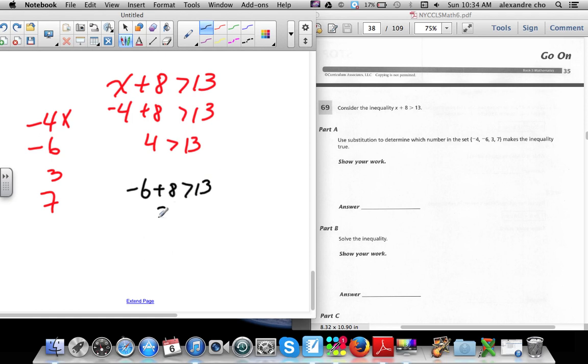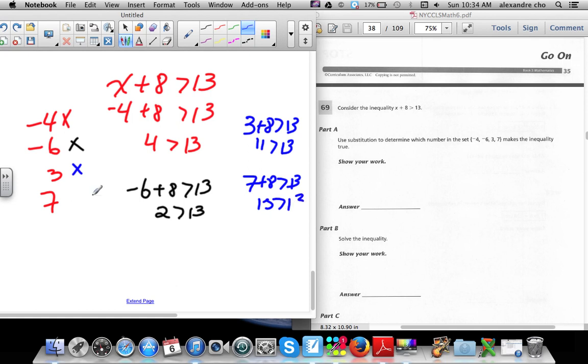This gives you positive 2, and that's not greater than 13, so that's not true. 3 plus 8 is greater than 13, and you get 11 is greater than 13, which is not true. And then 7 plus 8 is greater than 13, and you get 15 is greater than 13. So the only number that works is 7. This would be showing your work.